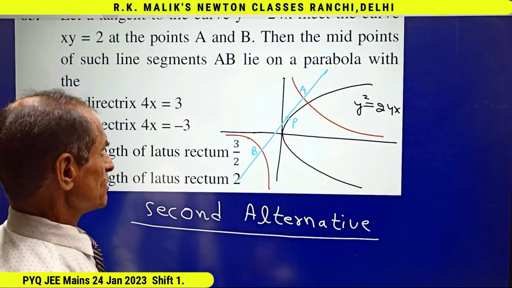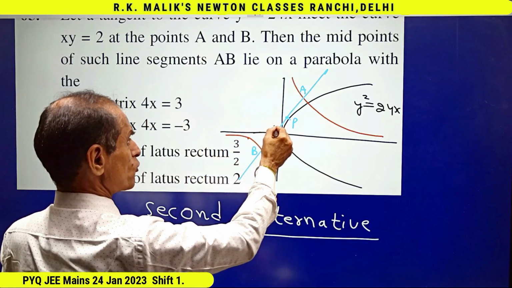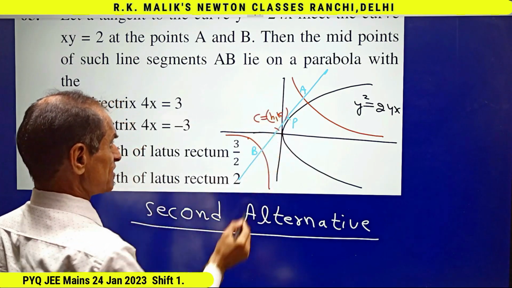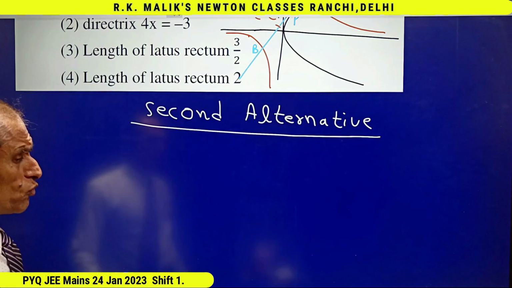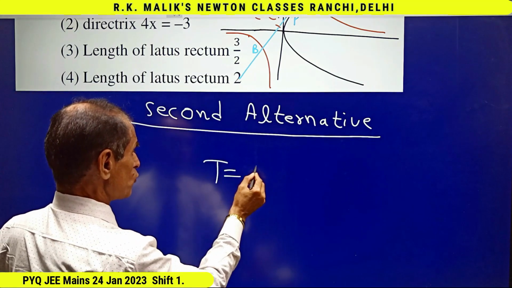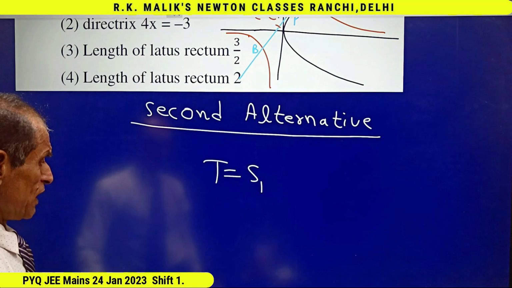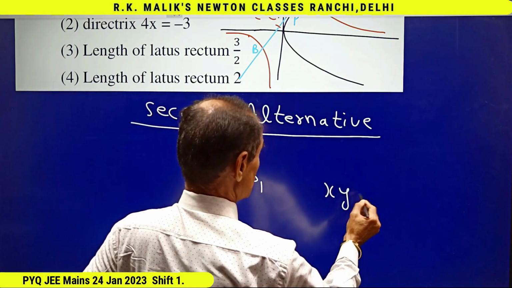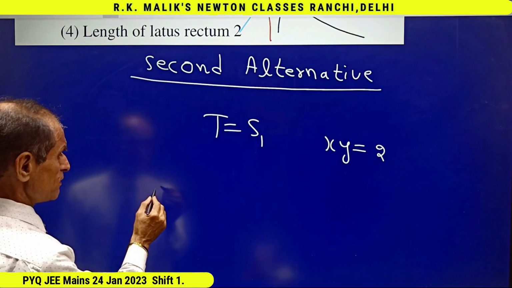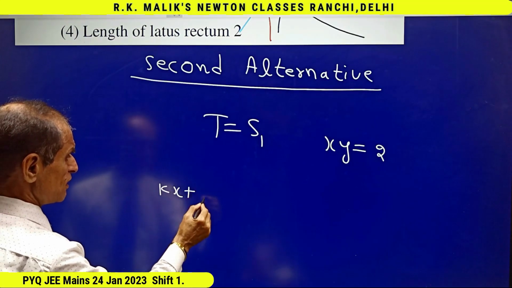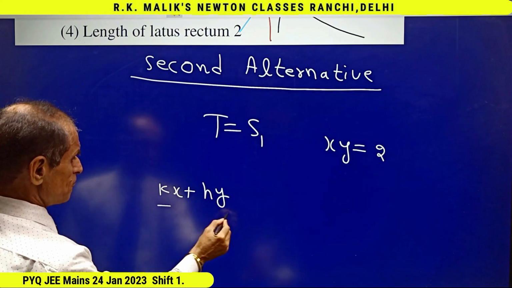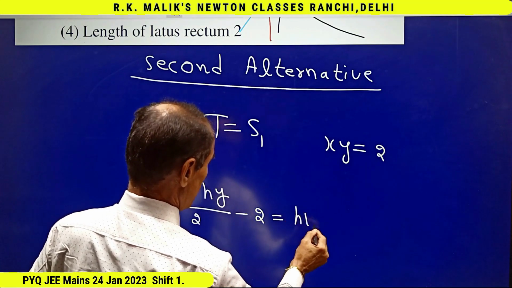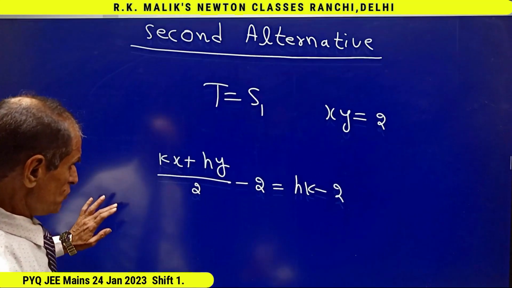a by m. And suppose the midpoint of AB has a coordinate hk. Then according to the formula T equal to S1, equation of AB with the help of equation of hyperbola xy equal to 2, we get kx plus hy by 2 minus 2 is equal to hk minus 2.